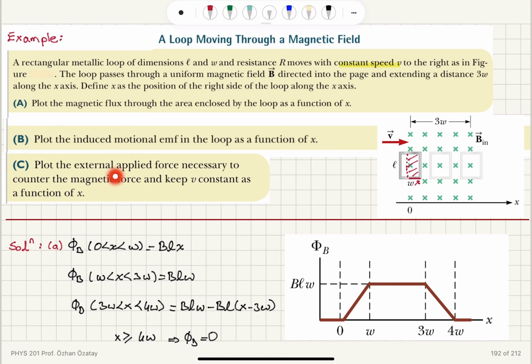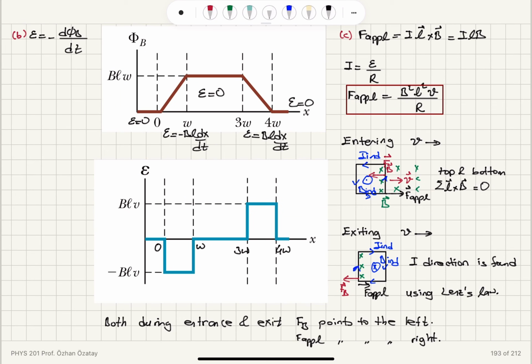Now, for the external applied force necessary to counter the magnetic force and keep V constant, first of all, I have to find when we are entering this region for this loop, where is the magnetic force coming from? The magnetic force on a straight wire of length L is I L cross B. The I is the induced current.